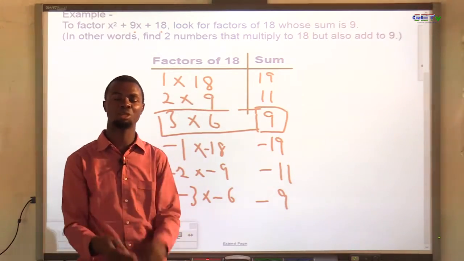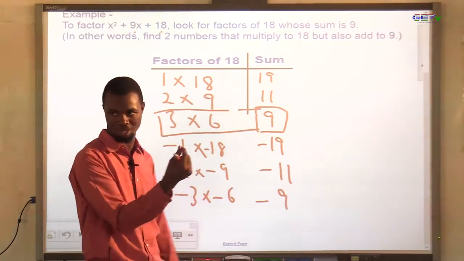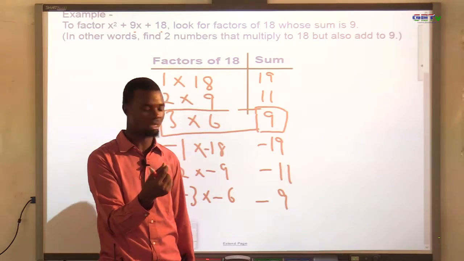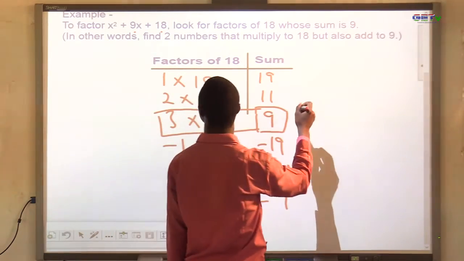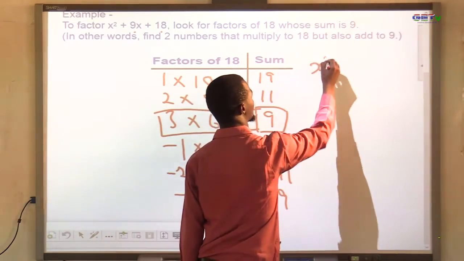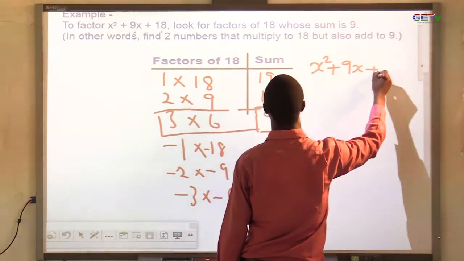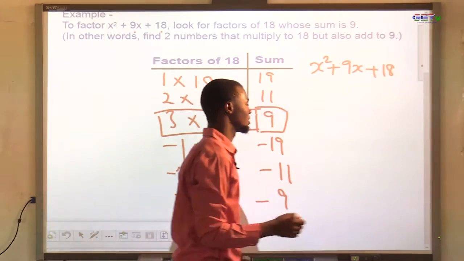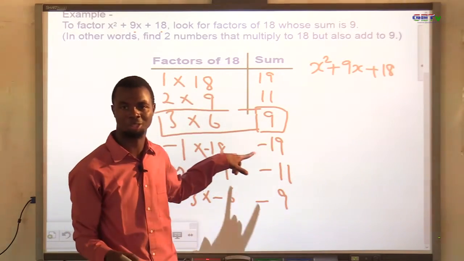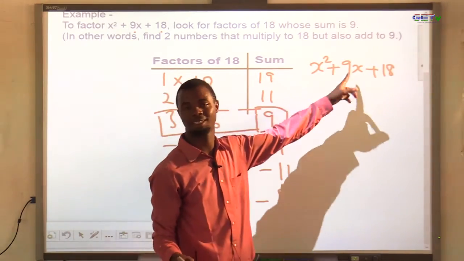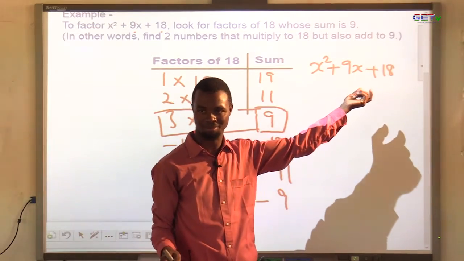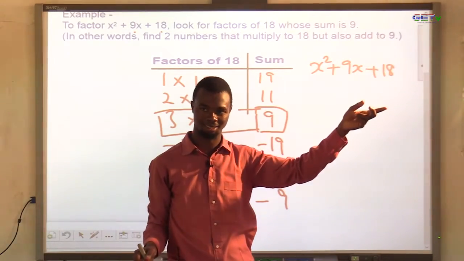Later, if you do that, you replace them in the place of b. You will have the expression x squared plus 9x plus 18. These two factors are what will take the place of 9 with their signs.